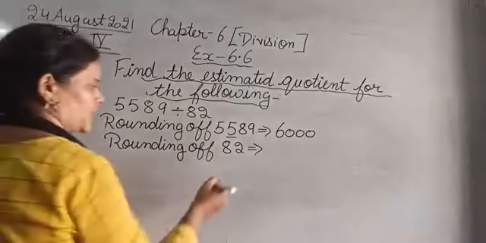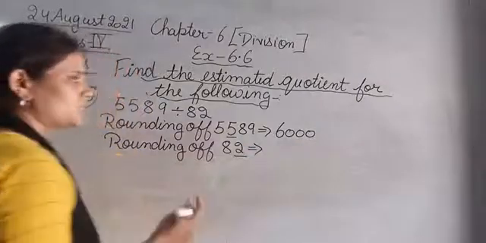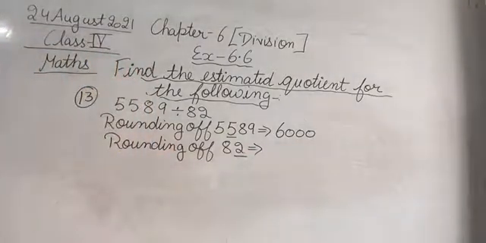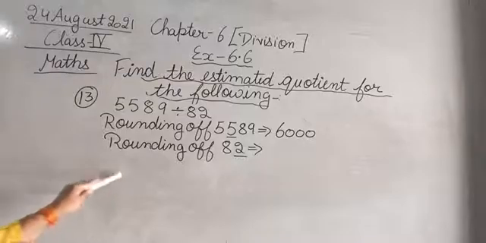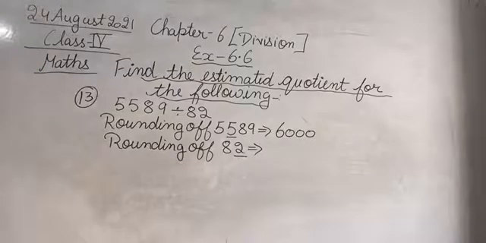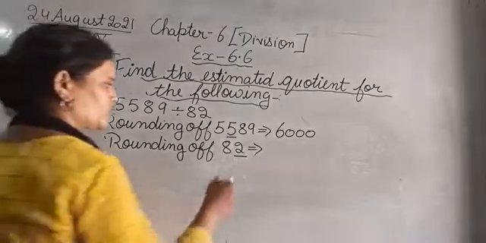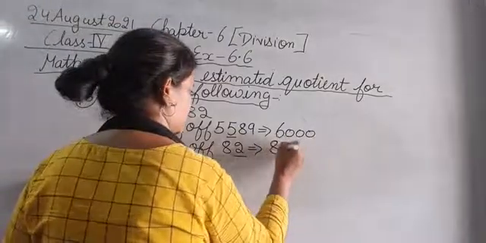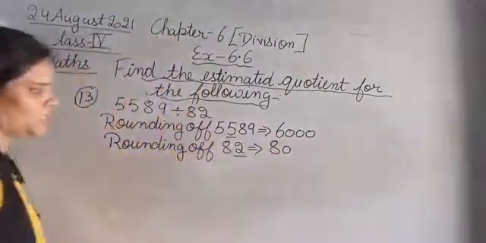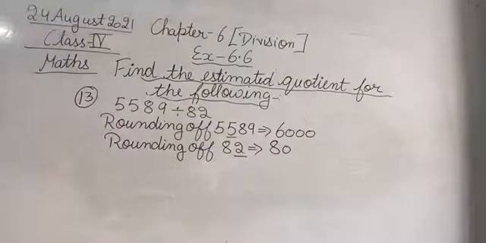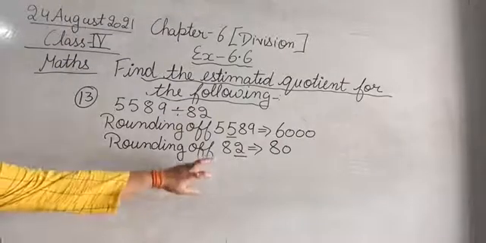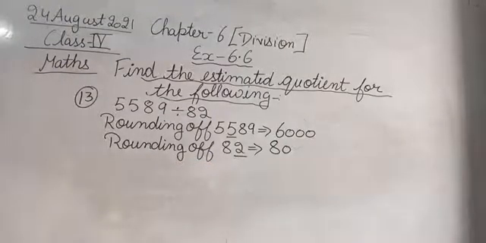At ones place we are having 2, which is less than 5. So we will round it off to the previous tens. So 82 will become 80. After rounding off 5,589, we got 6,000, and after rounding off 82, we got 80.